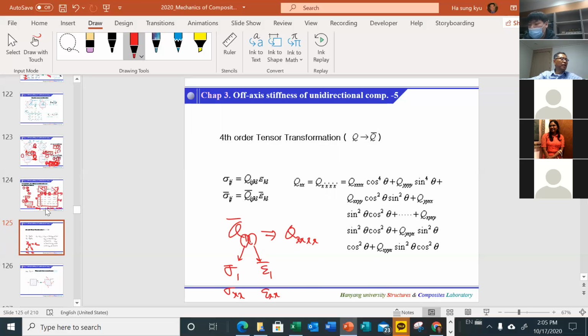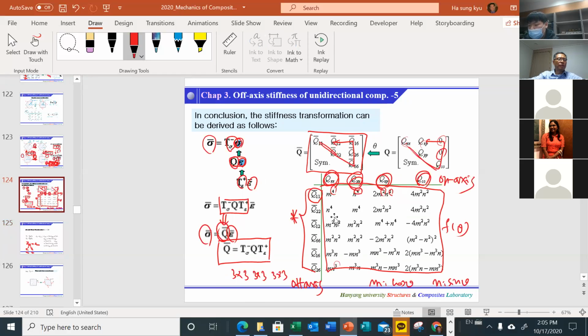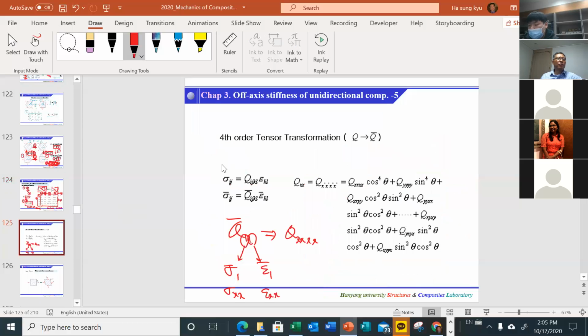And let's say you really cannot find this table, what can you do? Well, you can derive it exactly the same way as we did for vector transformation and strain and stress transformation.